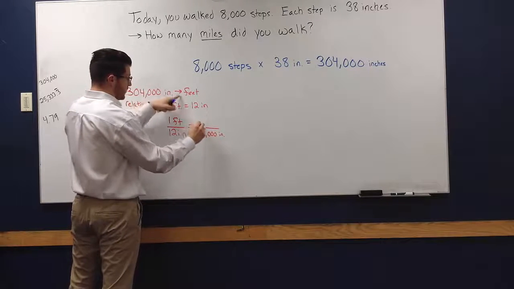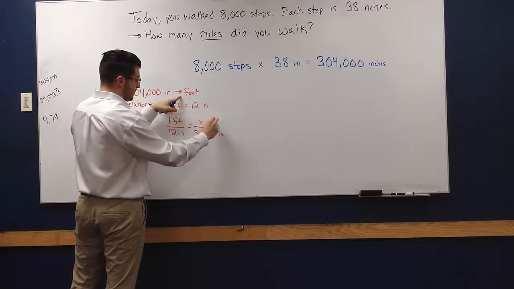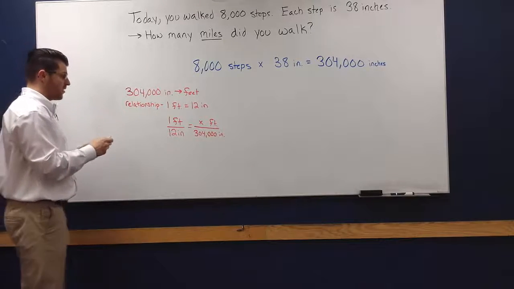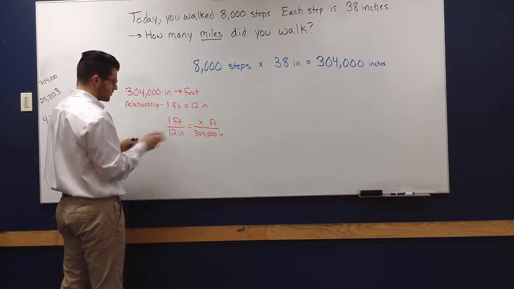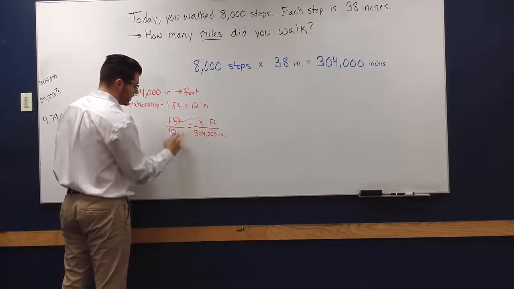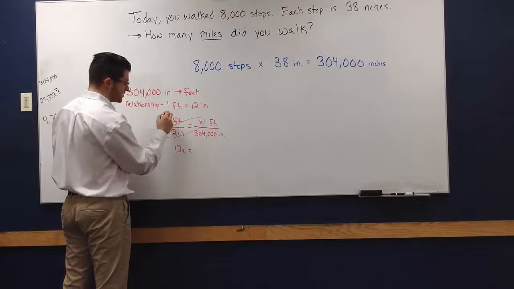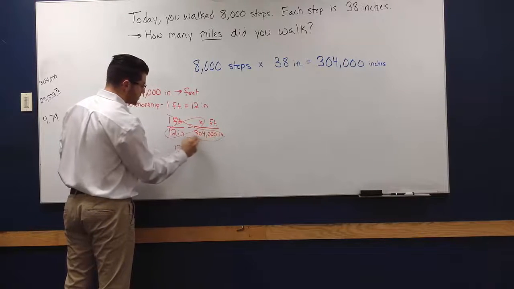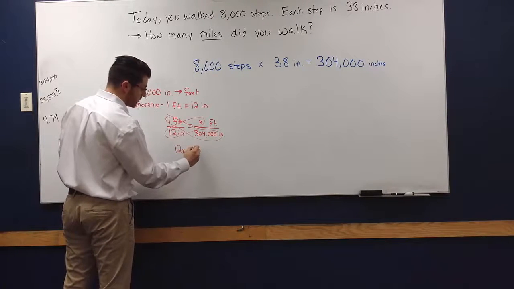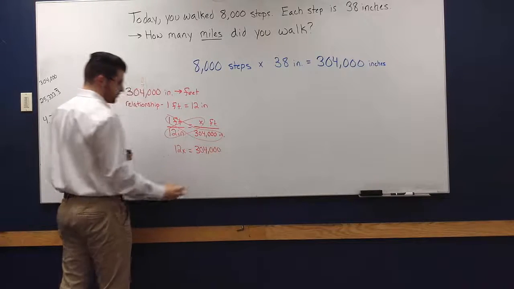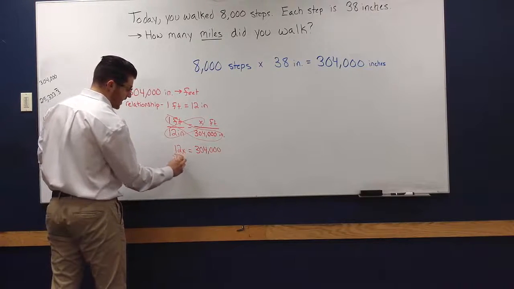And we're looking for feet, x feet, right? So from here, we can cross multiply. 12 times x gives you 12x equals 1 times 304,000, which gives you 304,000. Divide by 12 to get x alone.